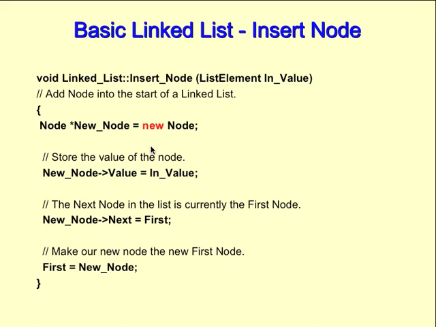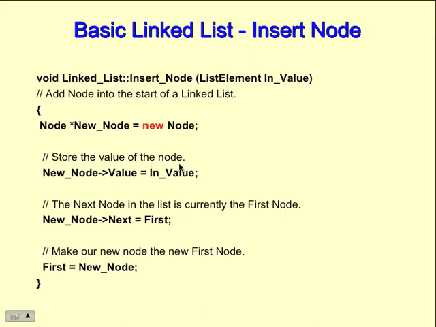When it doesn't exist, we create new node, which is essentially going to create a new instance, a new node object of type the structure data type that we created a few slides back. And new is the keyword that's going to allocate that memory. So we can say new integer, new float, new node, to create a new instance. And now we have a pointer variable pointing to a piece of memory.